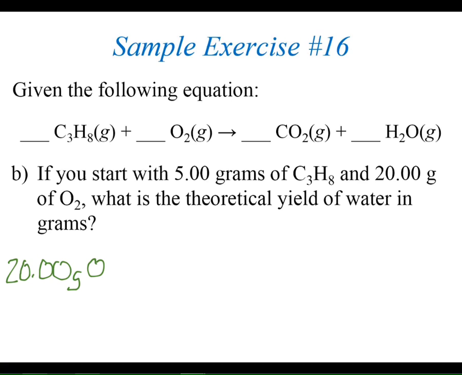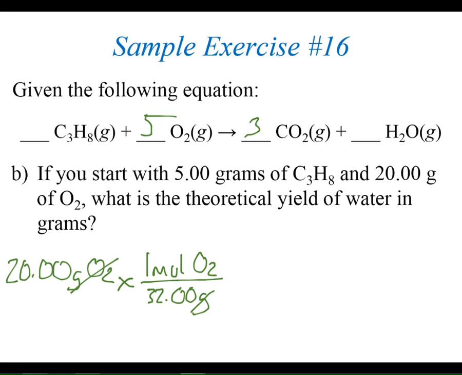20.00 grams of oxygen. Got mass of oxygen. All you can do with mass is molar mass. So add up 2 oxygens. So 1 mole of oxygen is 32.00 grams. And now I don't want oxygen though. I want to know water, I'm sorry. And that for every 5 moles of oxygen, we make 4 moles of water.